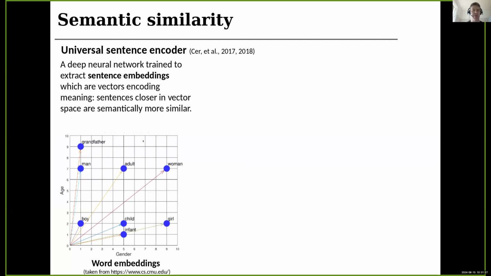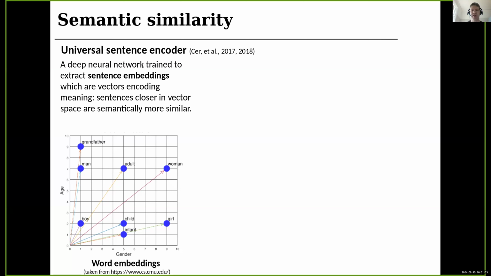So we can use things like cosine or dot product. Here, this is just an example using word embeddings, where child, infant, and girl are close together, boy is further away, man and grandfather are up here. So similar words are similar in embedding space, and what USE gives us is an embedding space for sentences in the same way. So this way we can compare sentences.